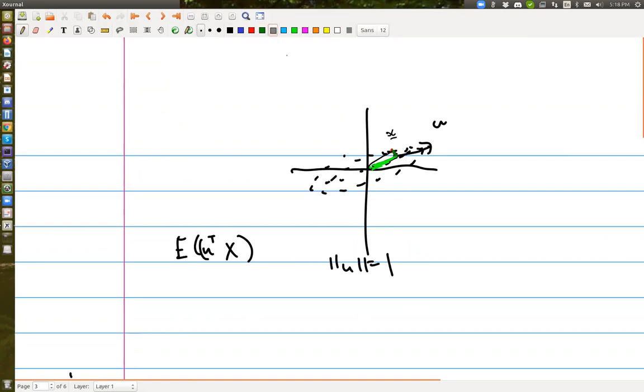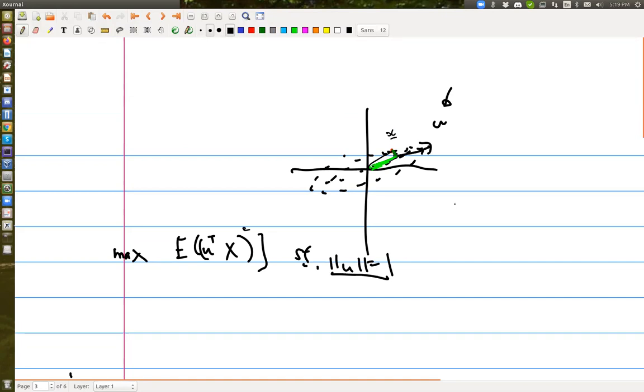So I want to find this direction u such that this projection is as big as possible in terms of magnitude. So then I probably want to put a square here. I want to make this as big as possible, such that u also has a unit norm. So I want to maximize this. This should give me the first principal component, my u here.